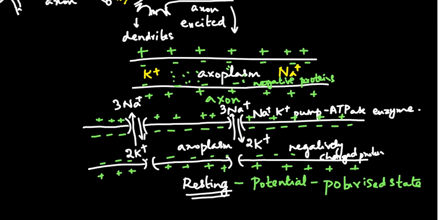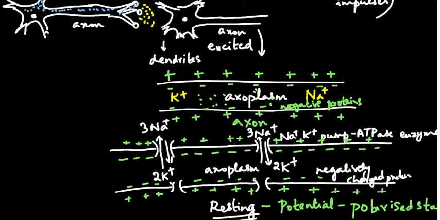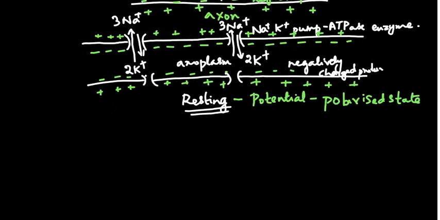Now what happens if the axon or the neuron receives a nerve impulse?